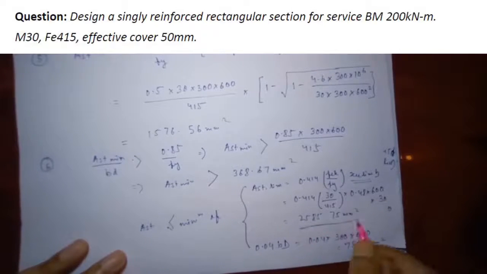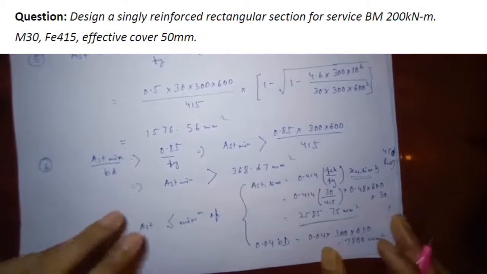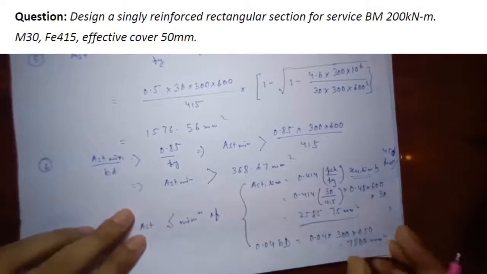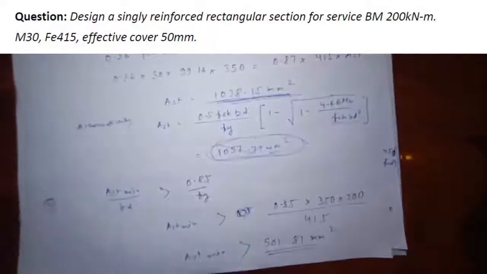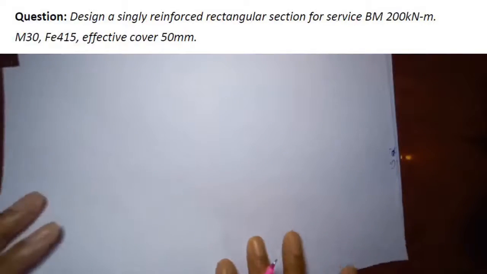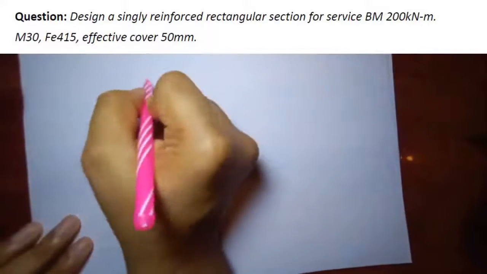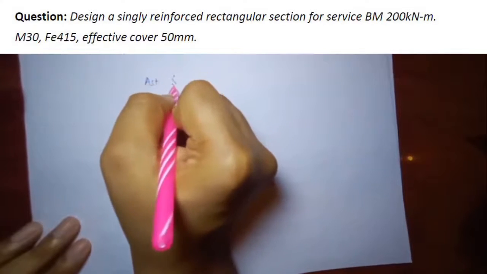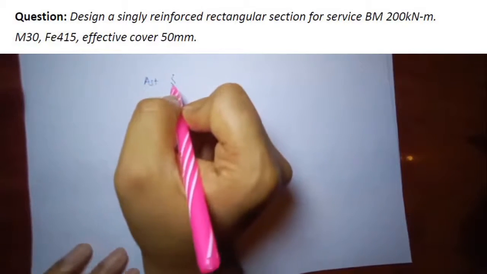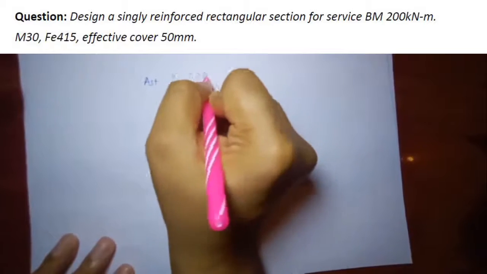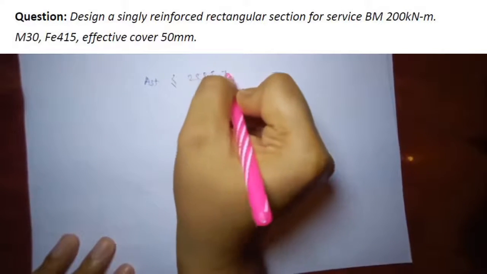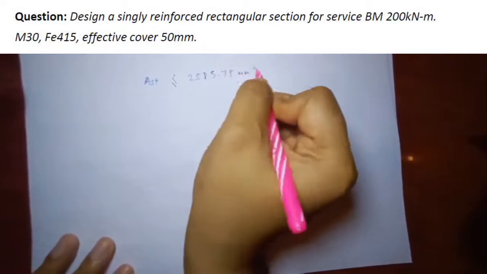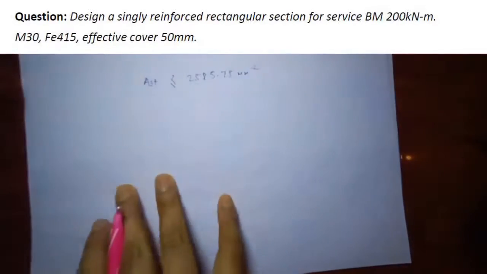So let's take the minimum value 2585.75 mm square. So AST shall also be less than or equal to 2585.75 mm square.